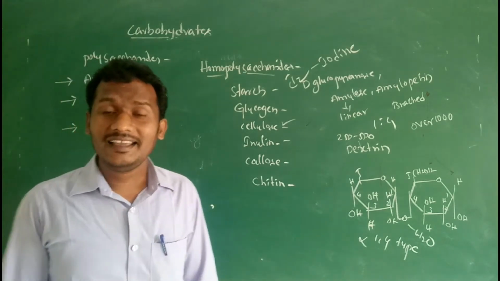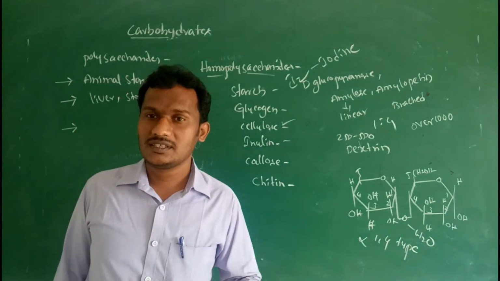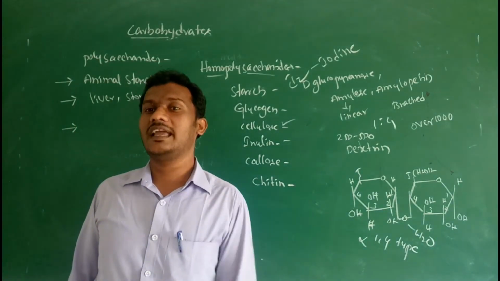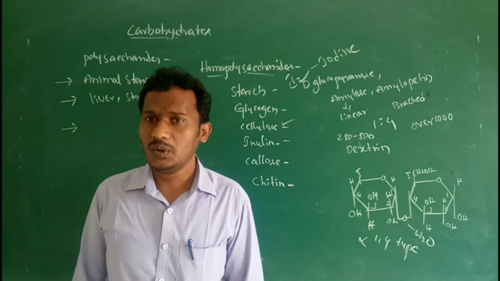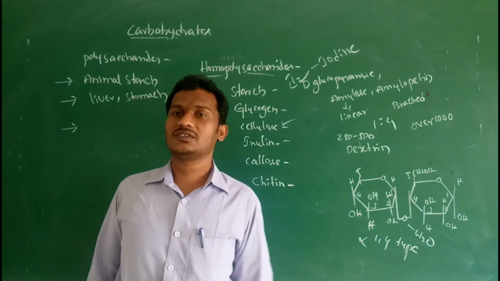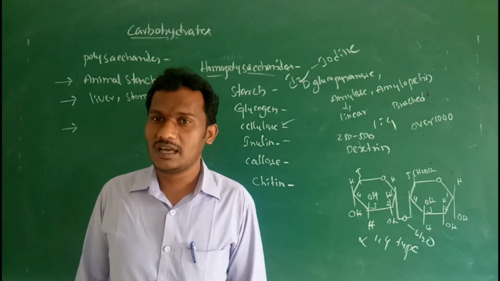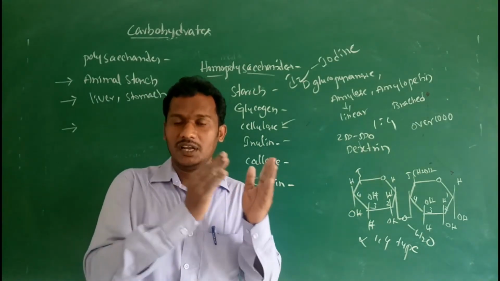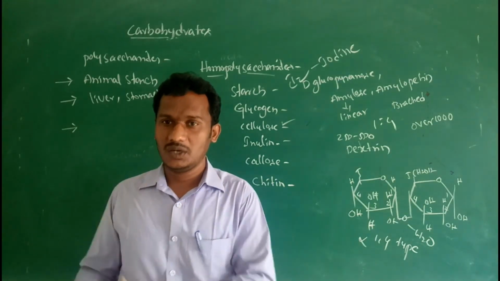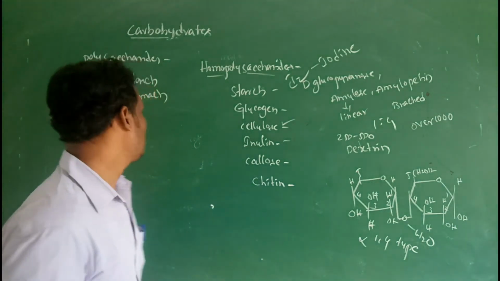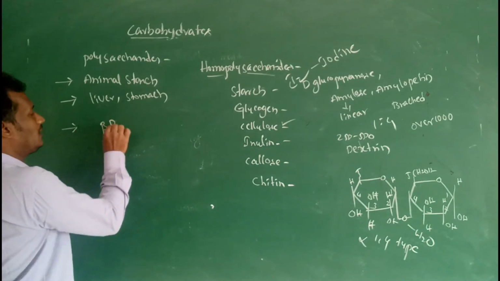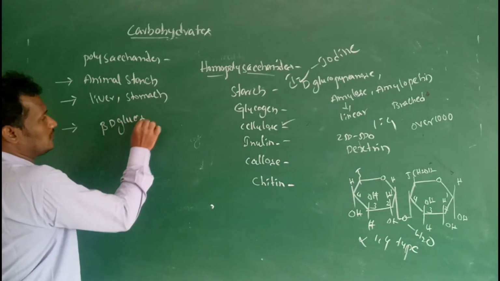Cellulose is highly resistant to hydrolysis. That's why the plant cell wall is composed of cellulose. In cellulose also the same type of glucose units are present, like alpha D glucose units and beta D glucose units.